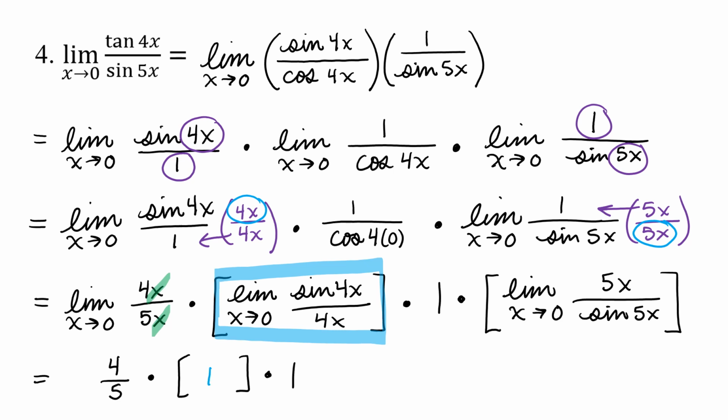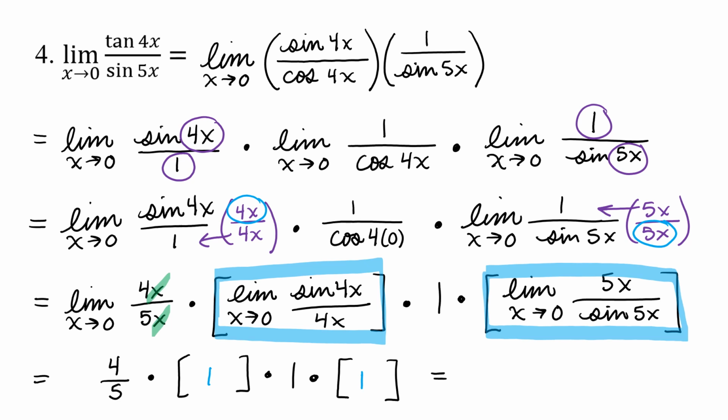Then we have our times 1, and then we have our times the limit as x approaches 0 of 5x over sine of 5x, which also looks like one of our known limits, and evaluates to 1. So we have 4/5 times 1 times 1 times 1, which is equal to 4/5. So our limit evaluates to 4/5.